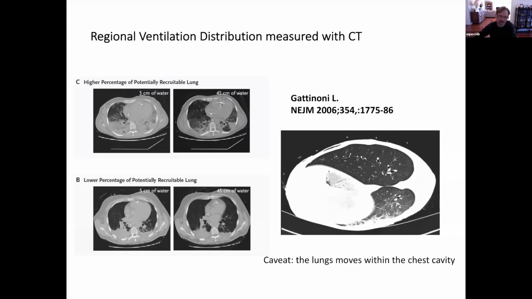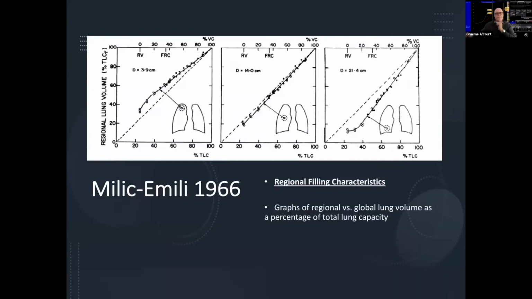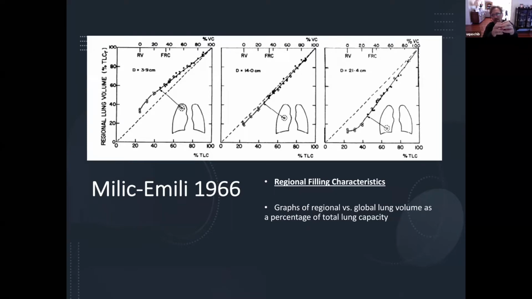And almost 50 years ago, Milic-Emili quite nicely showed that ventilation is simply not going evenly inside the lung, that the upper lung is more inflated but receives overall less volume change per breath cycle, whereas the so-called dependent lung is the part of the lung where we see most of the volume change occurring.